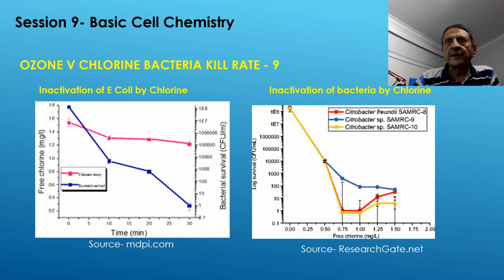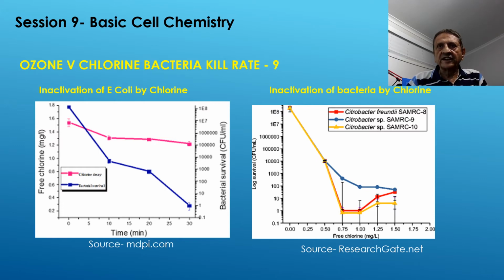So at 18 ppm, you will see that most of the bacteria gets killed within 1-2 minutes. At 10 ppm or 9 ppm, you will have approximately, above 1000 bacteria survival in 10 minutes.